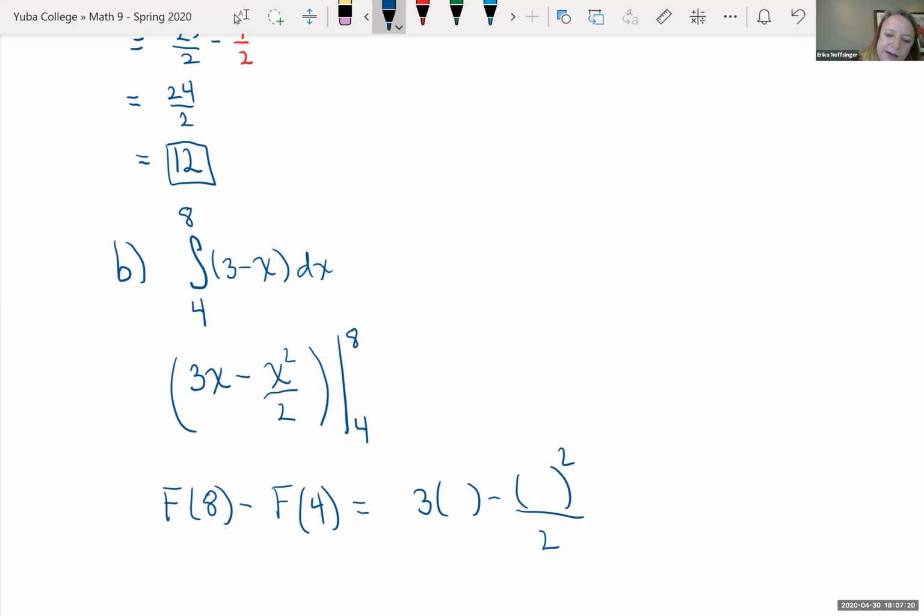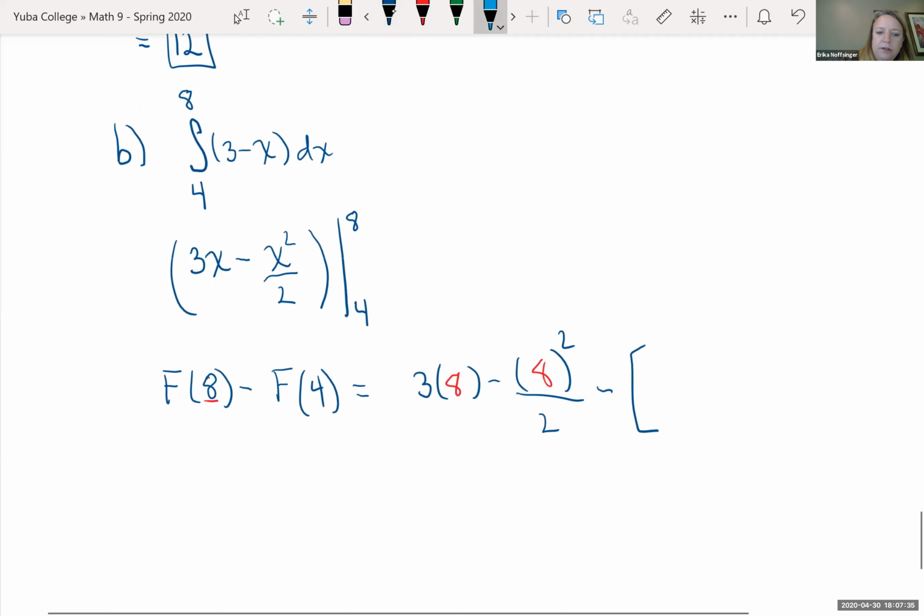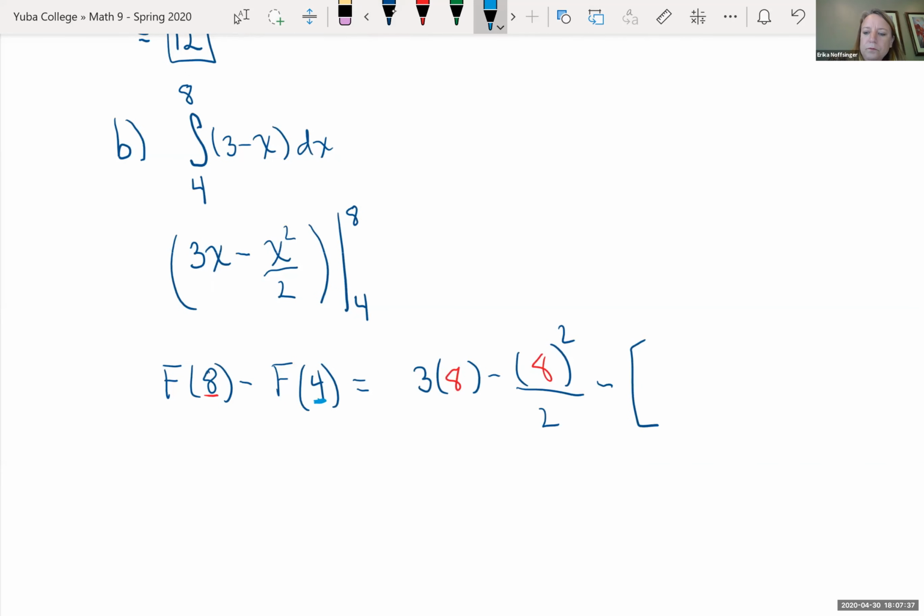So plug in 8 minus the whole quantity. So put brackets f of 4. So now we're going in and wherever we see an x in our antiderivative, plugging in 4. So we have 3 times 4 minus 4 squared over 2.